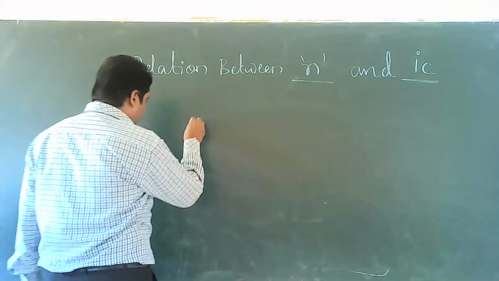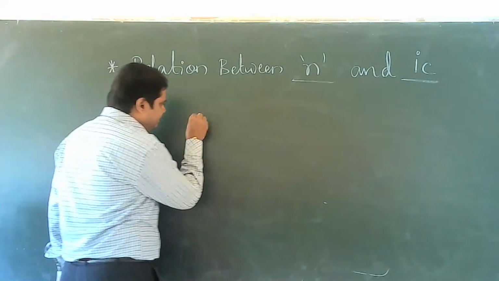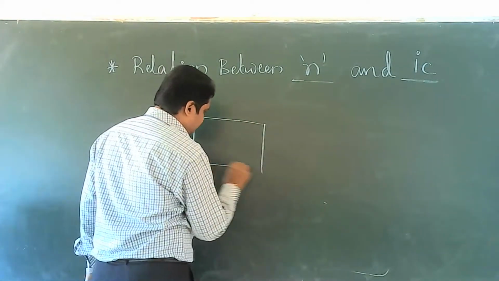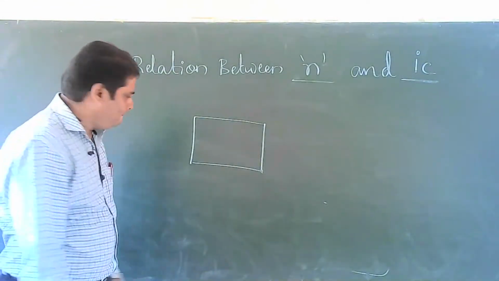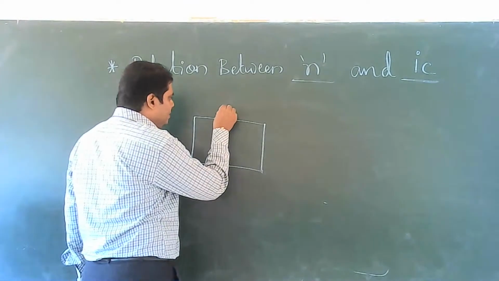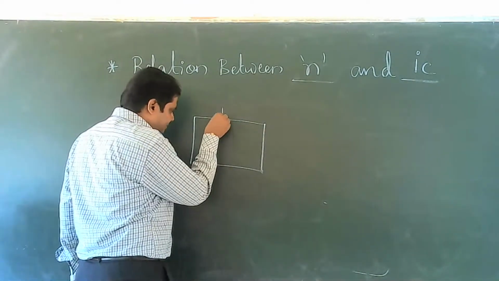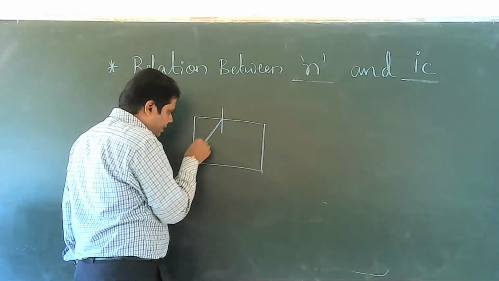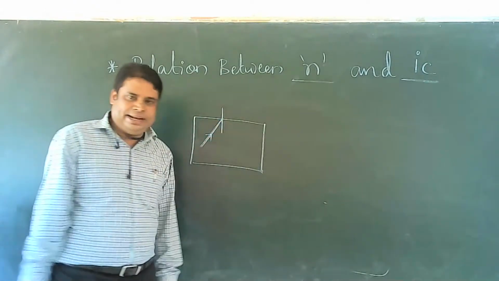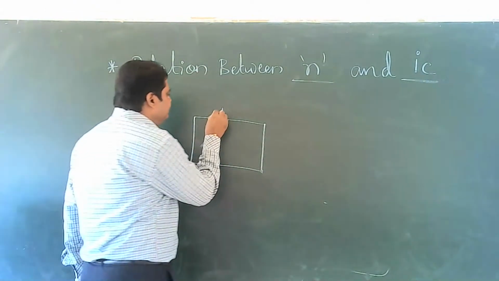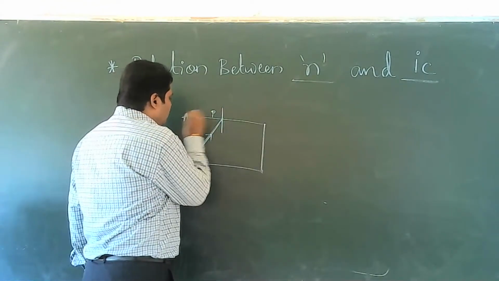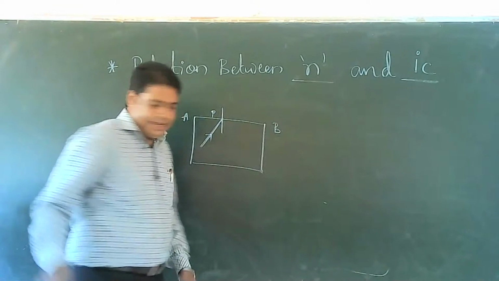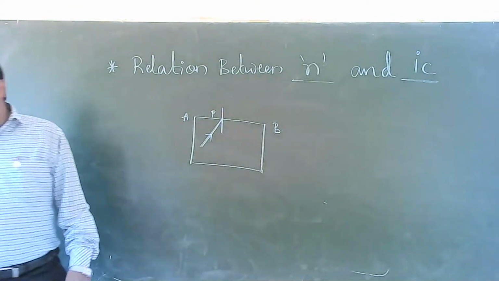Fine. Let us consider some glass slab or a denser medium, where a ray of light is incident on some point, say P, on refracting surface AB.